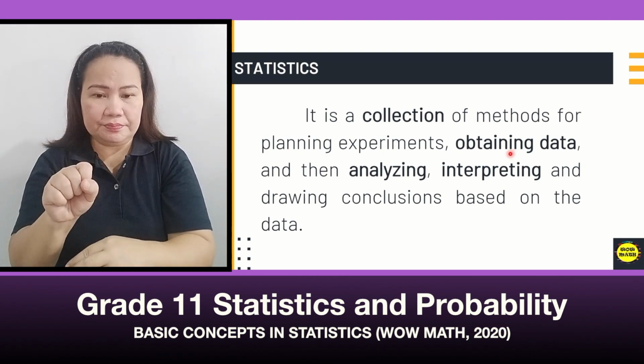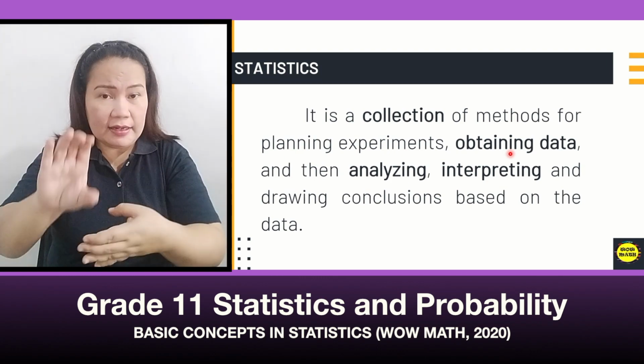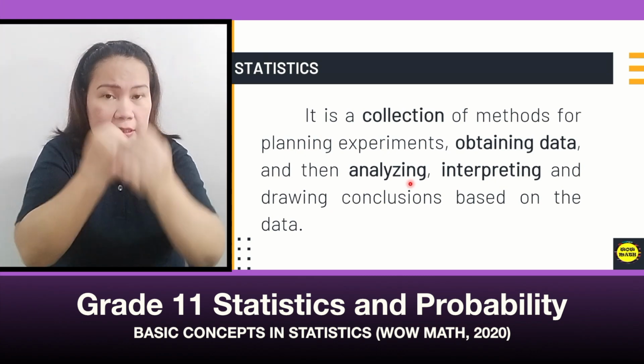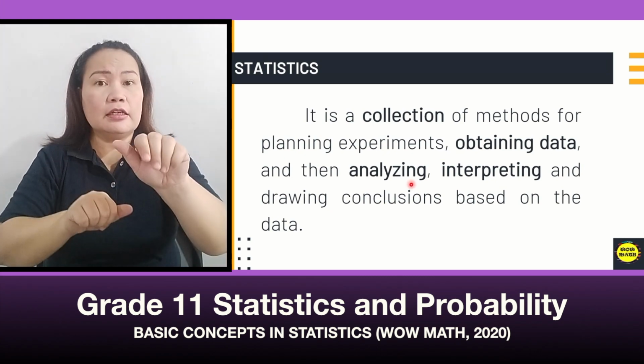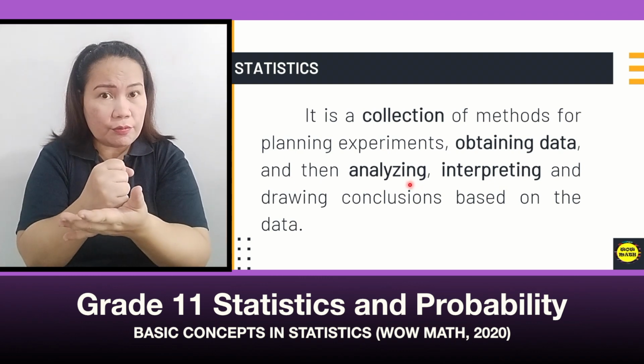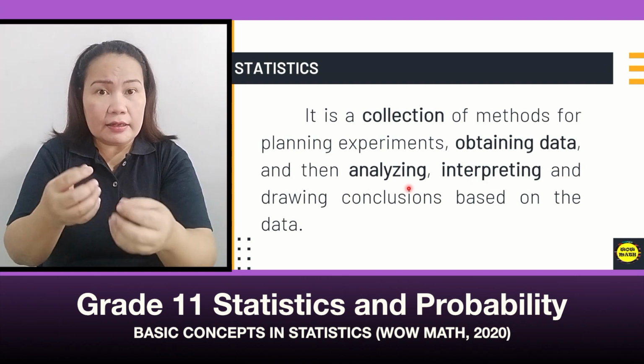And so the logical statistical conclusion can easily be derived from the collected information. And analyzing, we're going to analyze the data we gathered. It is the process of deducing relevant information from the given data so that numerical description can be formulated.